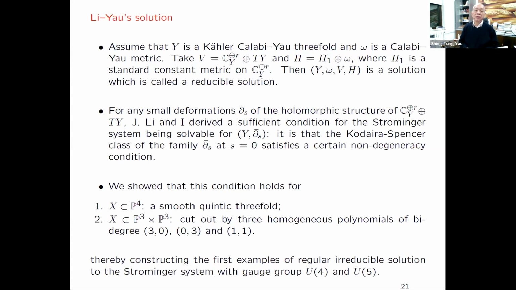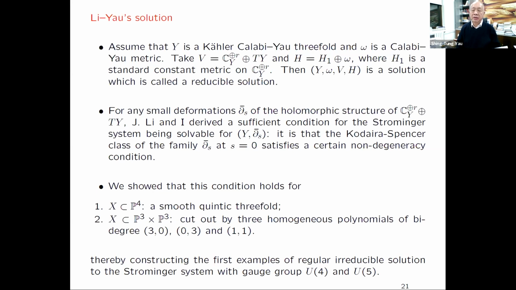Now we can make a deformation, on the other hand. This was studied by Jun Li and myself about 20 years ago. We take a small deformation of the holomorphic structure on the trivial bundle plus the tangent bundle. Once you deform that, it becomes a non-trivial question, because we can choose a deformation so that it's non-degenerate.